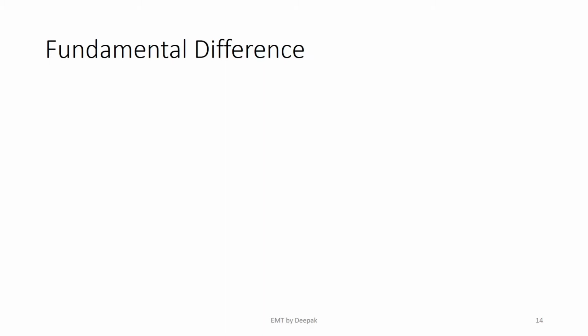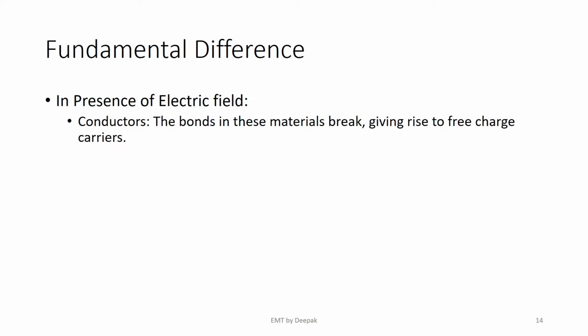The fundamental difference between these materials in the presence of an electric field is that conductors have bonds inside them which break, and once the bonds break, we get free charge carriers. For example, let us consider an atom. Let us assume that there is only one electron in the outermost orbit of this atom.